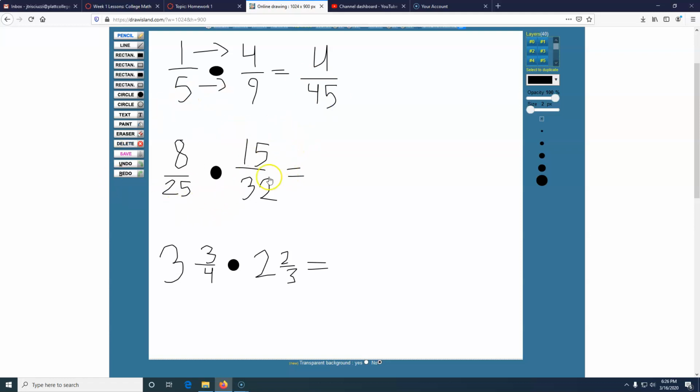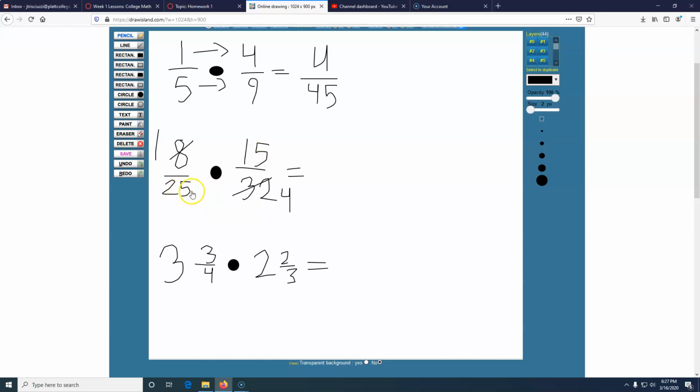These look like larger numbers, so we definitely want to check if there's anything in common. First thing here, notice 8 and 32. A lot of people see 2, but don't forget you want to find the largest number. It turns out that 8 does go exactly into 32. So let's go ahead and take out a full 8 to leave 1 and 4.